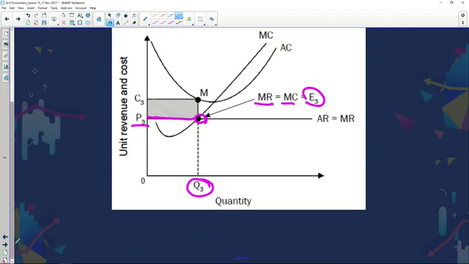So we've established what the market price is, the point where profits will be maximized, and the quantity that will allow for this situation to happen. So do note that.